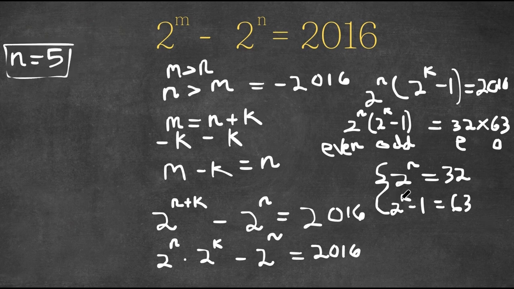And we have 2 to the power of k minus 1 equals 63. If we add 1 on both sides, we get 2 to the power of k is equal to 64. Meaning k is equal to 6.